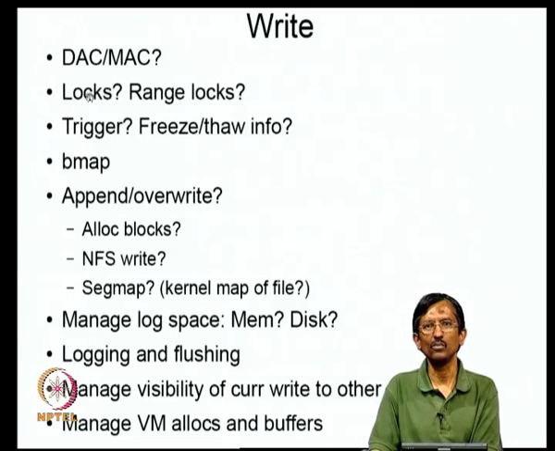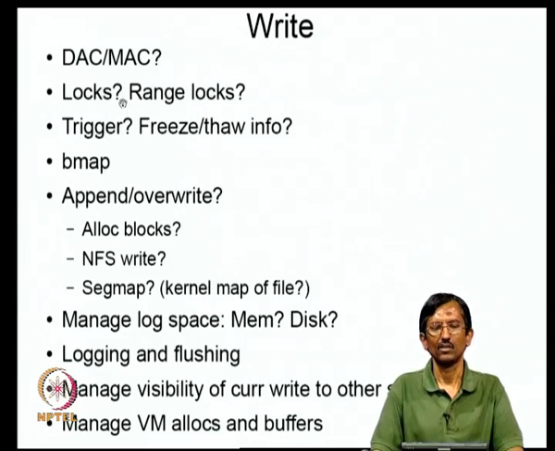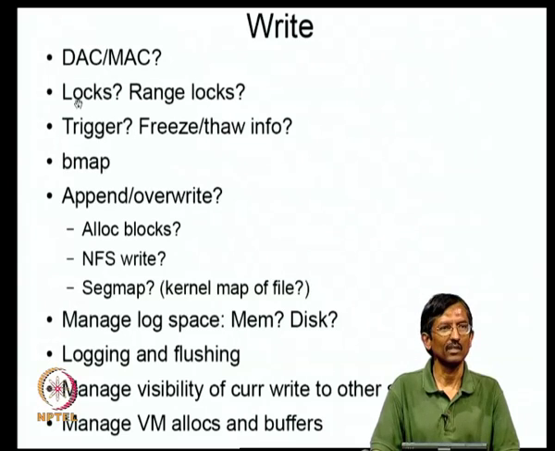but the other locks also have to be kept for internal consistency of the file by the file system. We will come to that a bit more in detail. So, this is another lock that has to be handled. It actually turns out that the number of locks can be dramatically large.